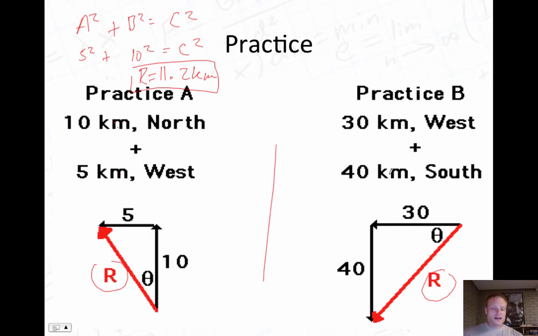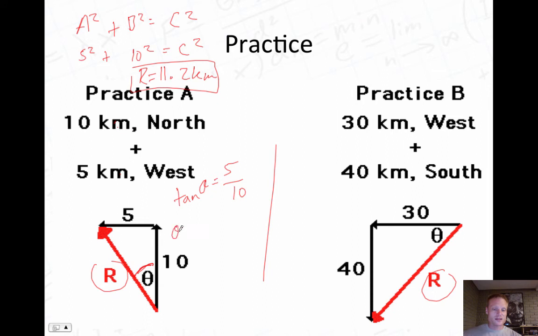Now, what about theta? How do I get this angle? What is this angle that's produced right here? This is in degrees, and to do that, I can use the tangent function. Tangent theta equals opposite, 5, over adjacent, 10. And this is where you have to use the inverse tangent to find the answer.